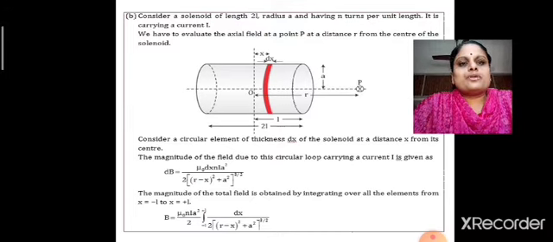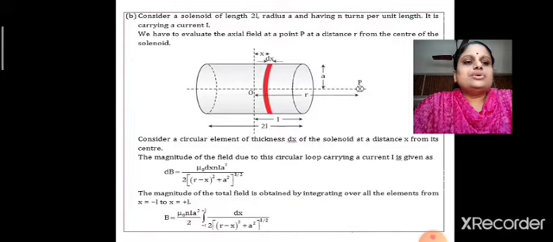Now, considering the solenoid and taking any point along the axial line, we know the magnitude of magnetic field due to this circular loop carrying current I is given by dB = μ0 dx n I a² divided by 2 into ((r − x)² + a²) raised to 3/2. This equation is derived from Biot-Savart's law.